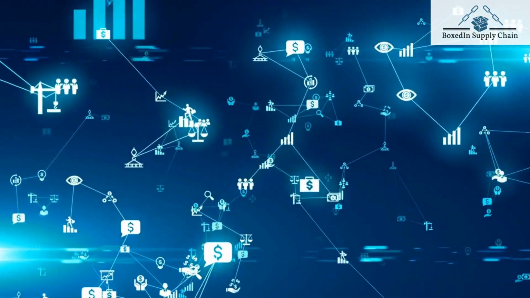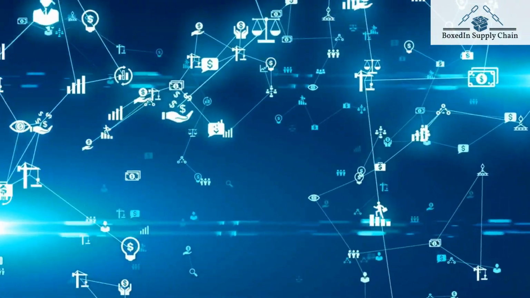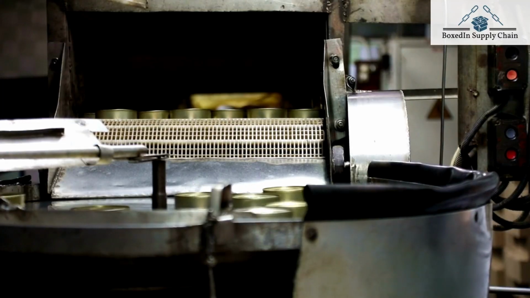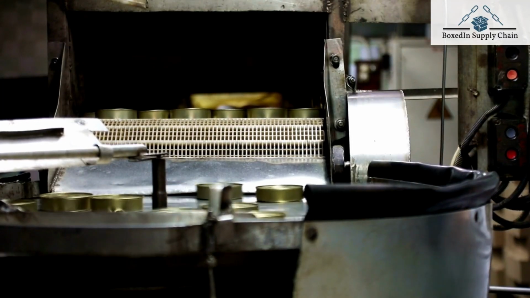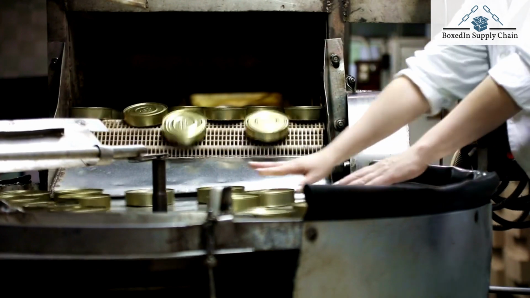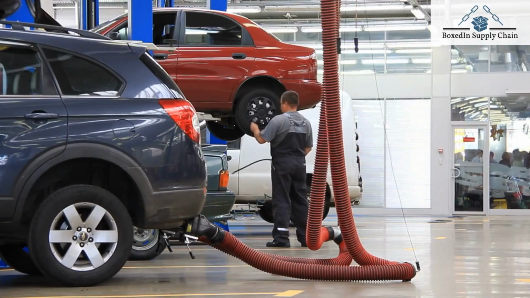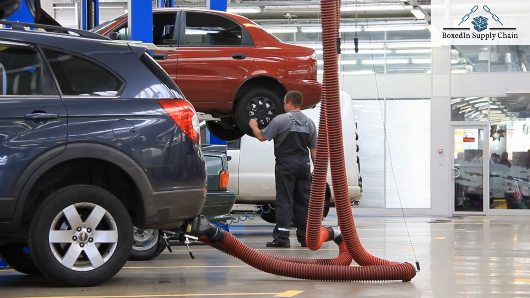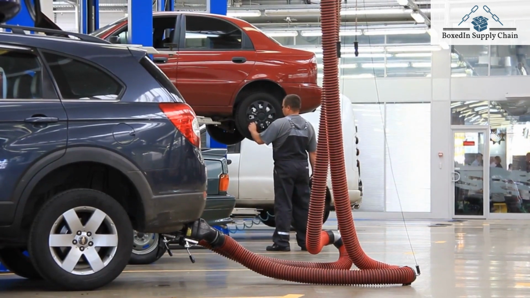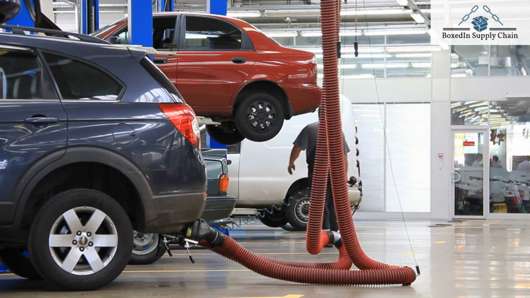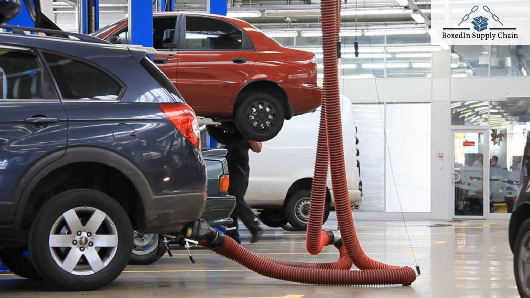Let's talk about the supply chain elements first. Suppliers are entities that provide raw materials, components, and services required for production. Their role is to ensure a consistent supply of inputs that meets the producer's specification in terms of price, quality, and quantity. Producers, also known as manufacturers, are responsible for converting the raw materials and components received from suppliers into finished products.